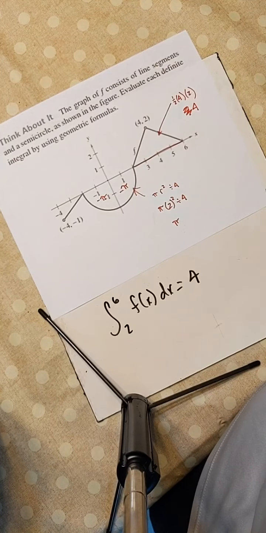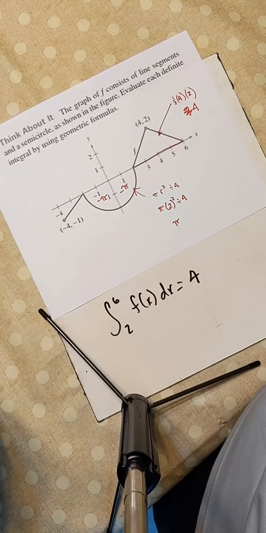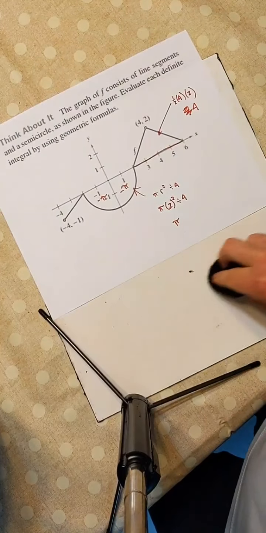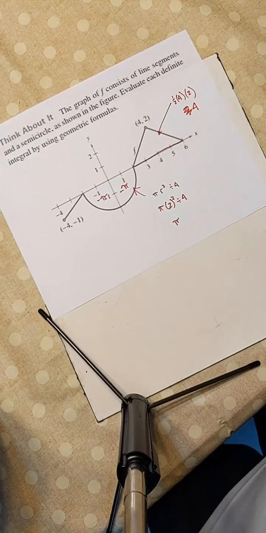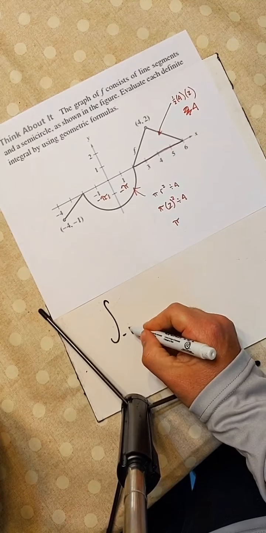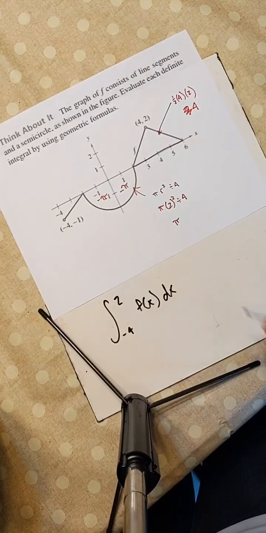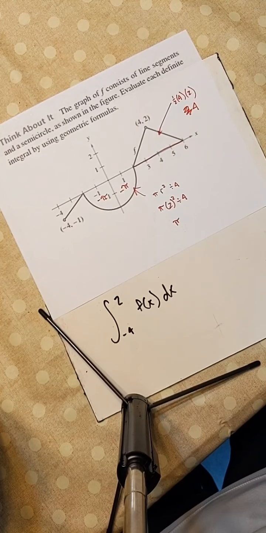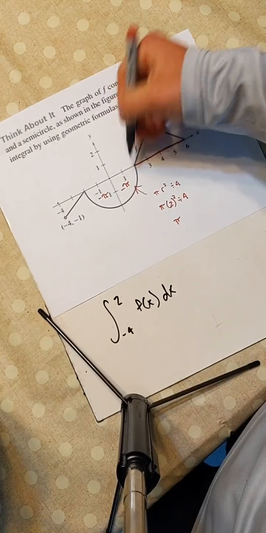Okay, next we want to find the integral value from negative 4 to 2 of this expression. So nothing crazy, just negative 4 to 2. So that's going to be from here all the way over to here.